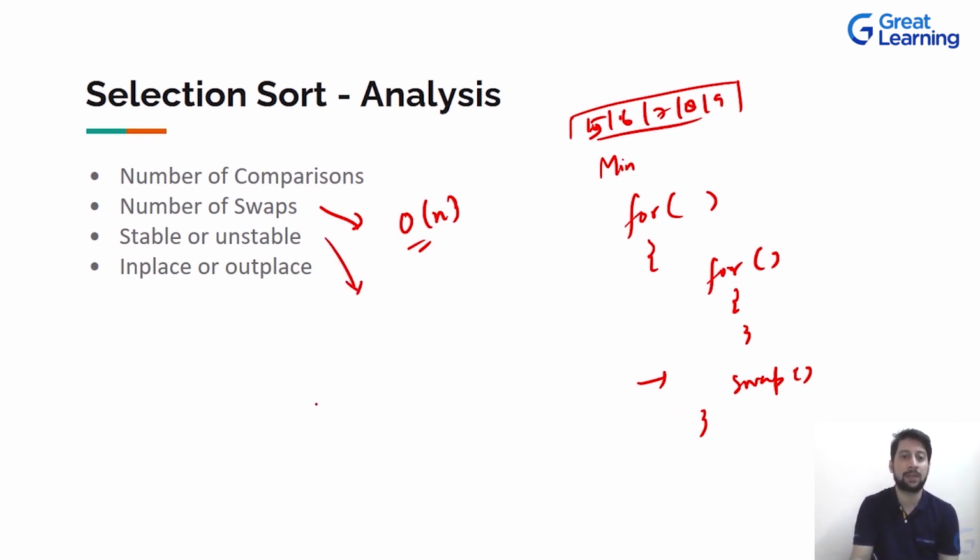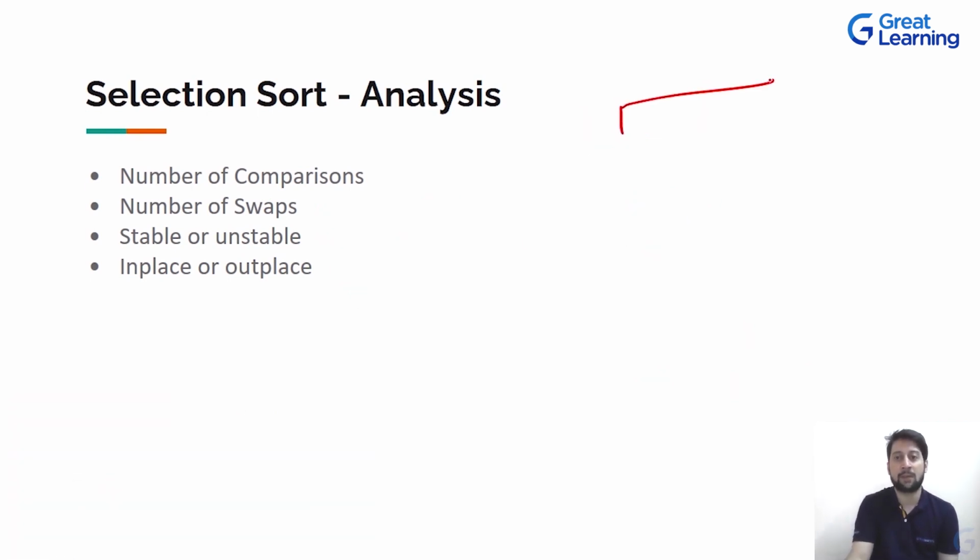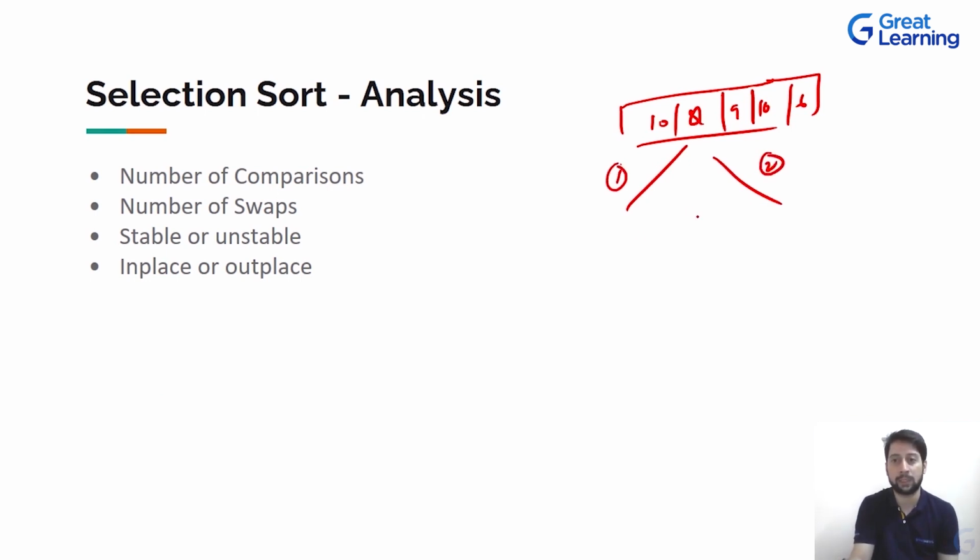Now, what about stability? If you talk about a stable algorithm, it means that if you have this array, let's take an example, 10, 8, 9, and 10 again, and then 6. The stability will boil down to the relative position of these two elements, 10 and 10 dash. Now, if we sort this, it will be 6, 8, 9, 10, and 10 dash.